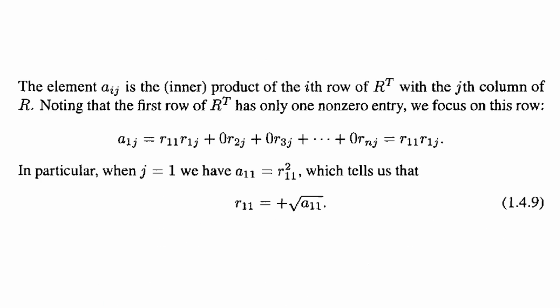The element Aij comes from the ith row of R transpose with the jth column of R. Noting that the first row of R transpose has only one non-zero entry, we focus on this row.